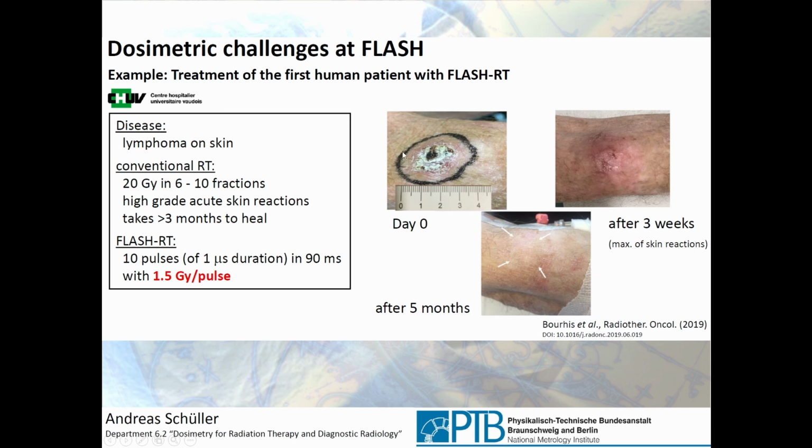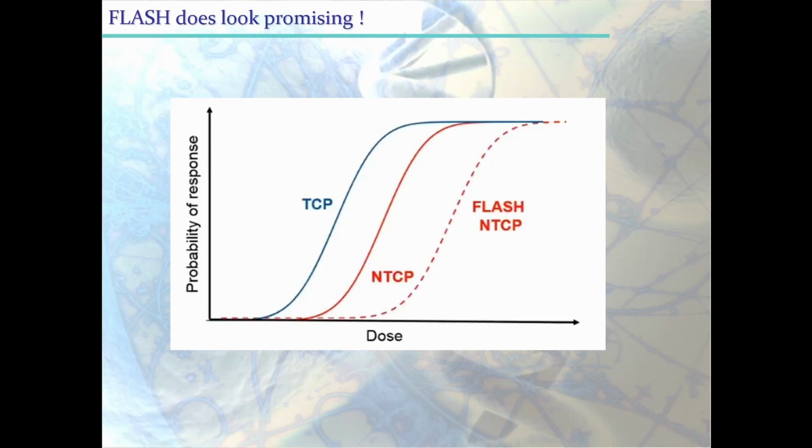The patient was treated with pulses delivered by a high dose rate LINAC, electron beam, and you see that after 3 weeks everything is almost normal, and after 5 months it looks really pretty good. So it seems promising because there are no side effects on the skin so far.